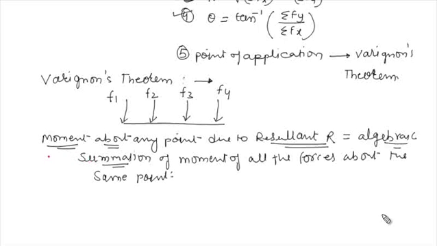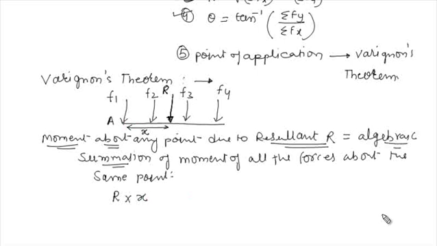Let's take an example. Suppose the resultant force is lying here, R. I'm just assuming. I am interested in the distance x, where it is lying. Suppose this one is the point A. According to Varignon's theorem, the moment about any point due to resultant R, so the moment of resultant R at this point A is nothing but R into the perpendicular distance, that is x.